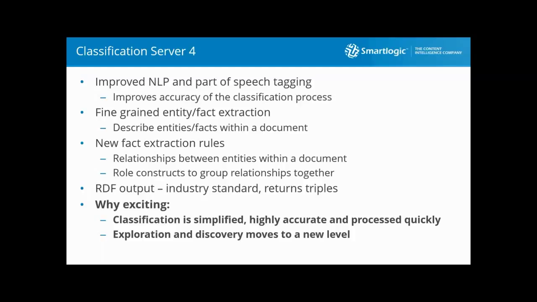Even more exciting is that we now have the ability to see the relationships between entities in a document and group them together. Let me give you an example. We have a customer who uses Semaphore to extract information from financial documents.